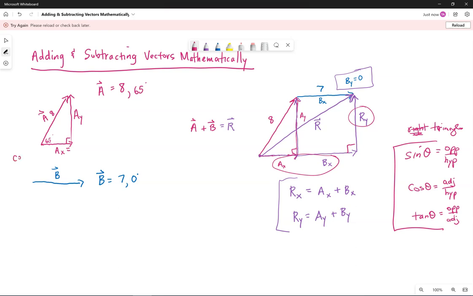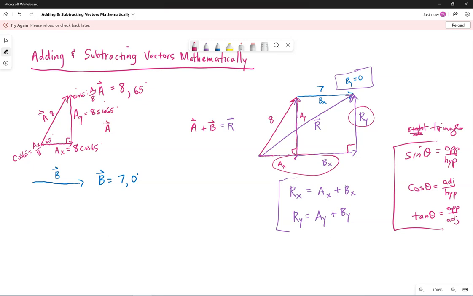So I could say the cosine of 65 would be this x side over the hypotenuse, which is 8. That makes the x component 8 cosine 65. Similarly, the y side, if I say the sine of 65 is the opposite side over the hypotenuse, that makes the y side 8 sine 65.